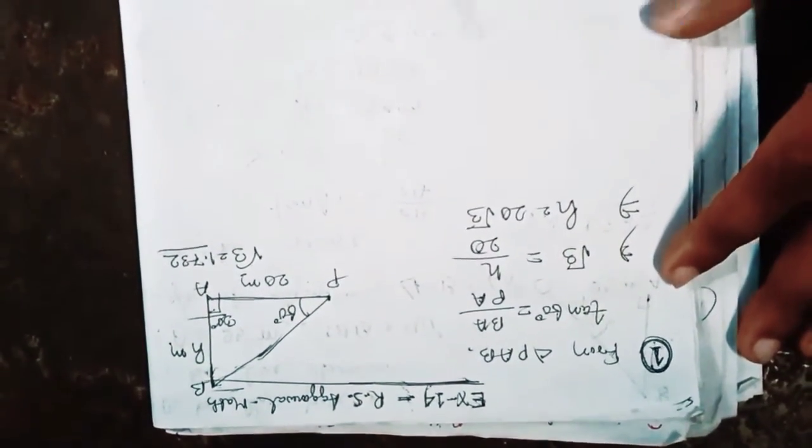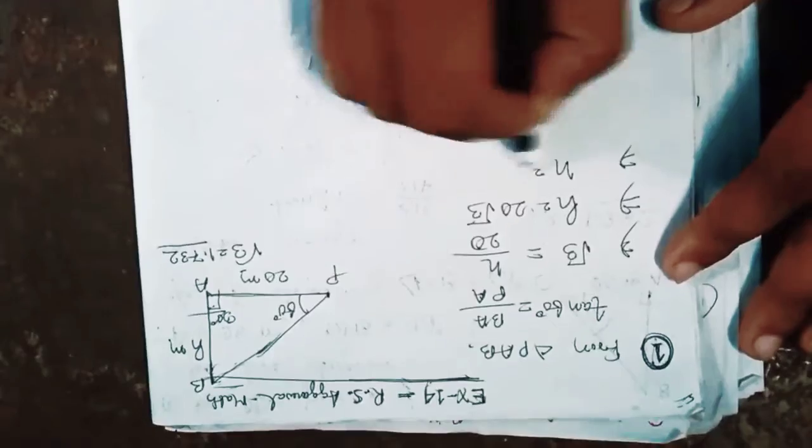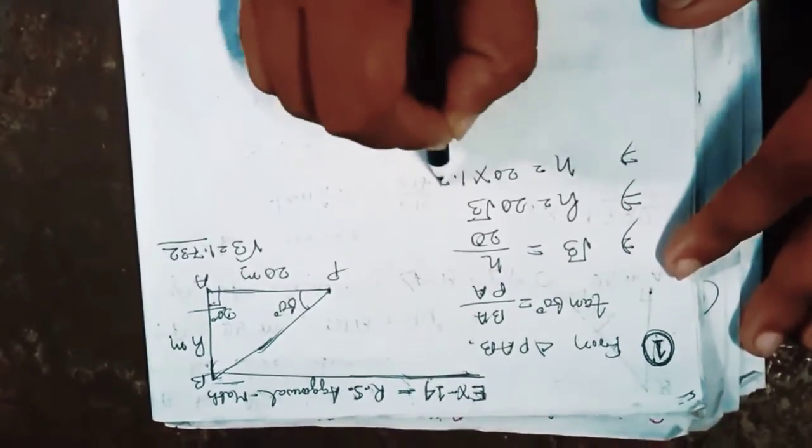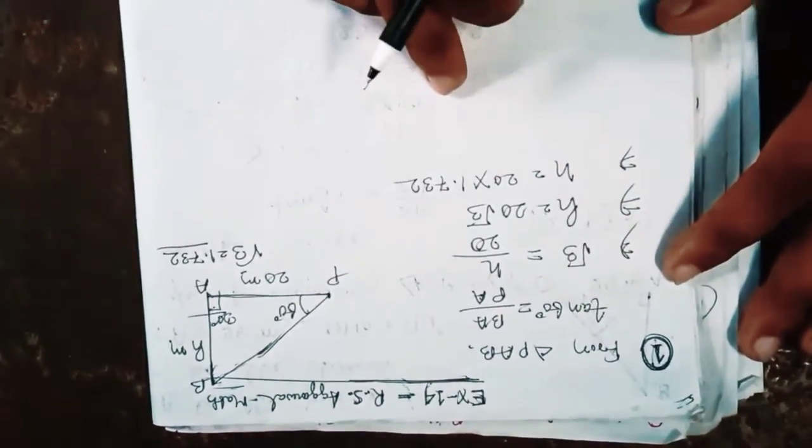Now we have to calculate it, that is H is equal to 20 into 1.732.